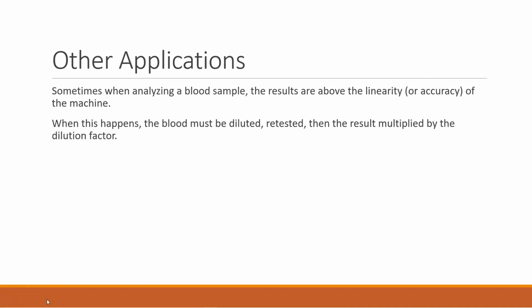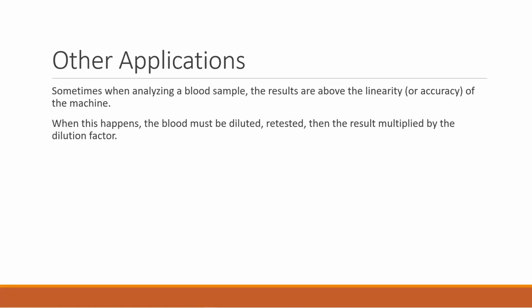Another application of a dilution is sometimes when analyzing a blood sample, the results are above the linearity or accuracy of the machine. For example, there are reagents added to react with the substance we're testing for. If the substance we're testing for is a large amount, then the reagent is used up before it can convert everything.